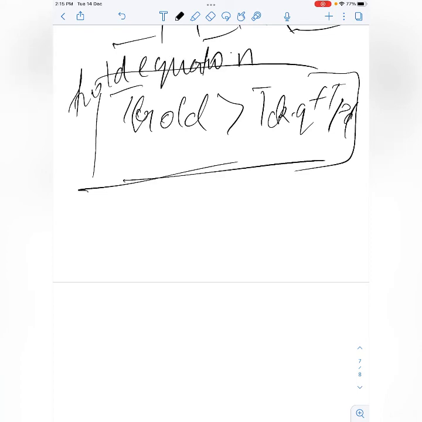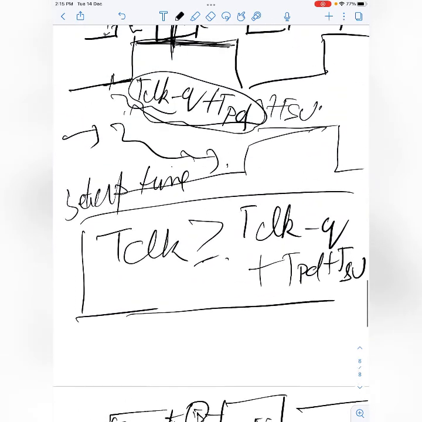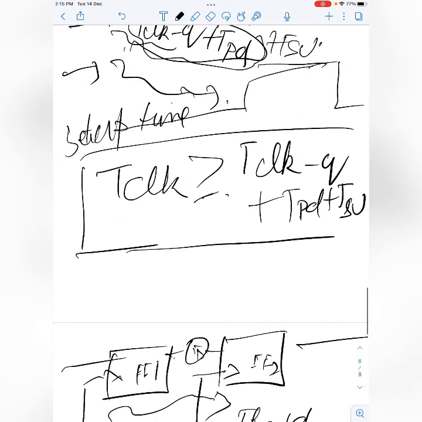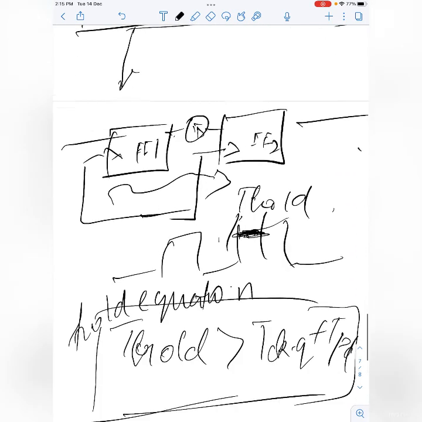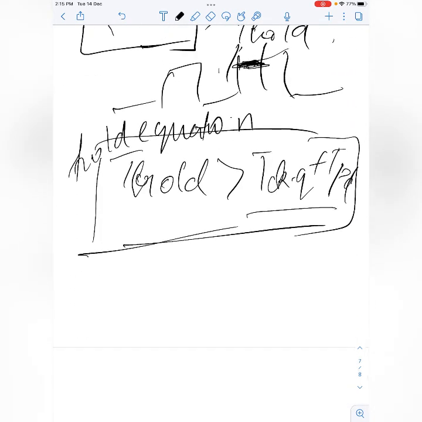Now if you closely see these equations, you can think of one thing. What happens if setup time violation is there? You can simply increase the time period or decrease the frequency of the whole circuit, and you can get away from this. But in the hold equation there is no parameter like that.